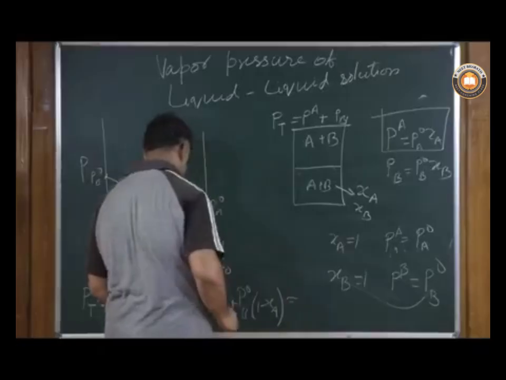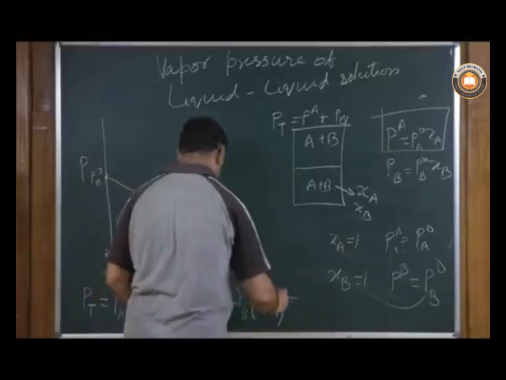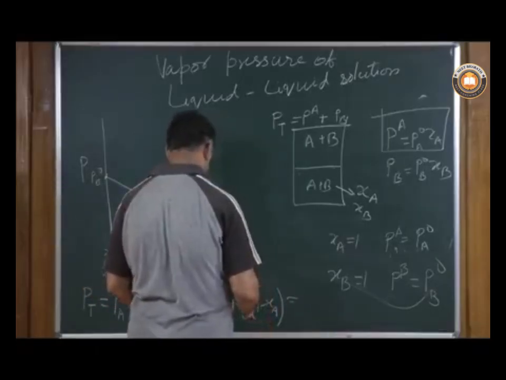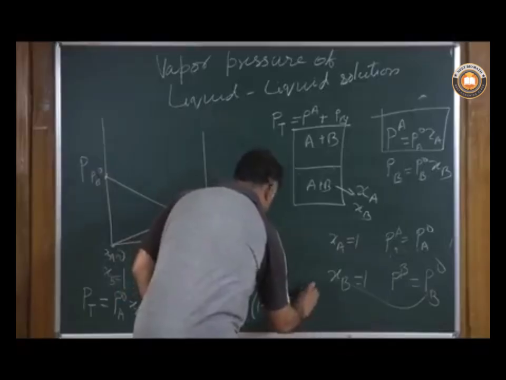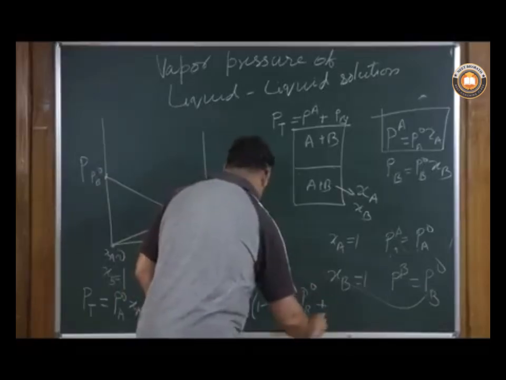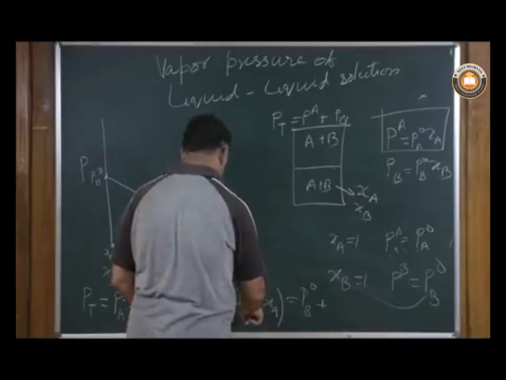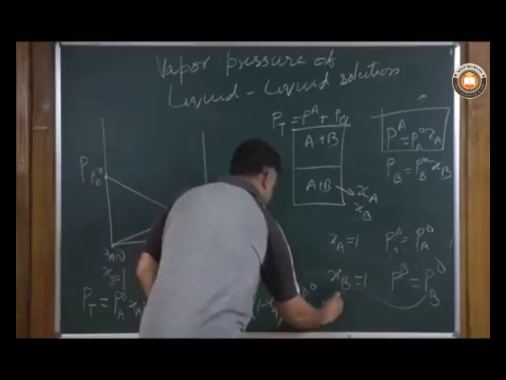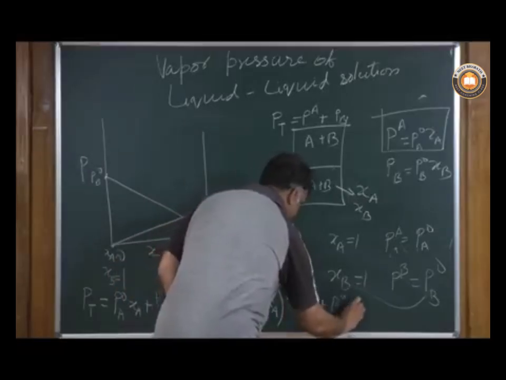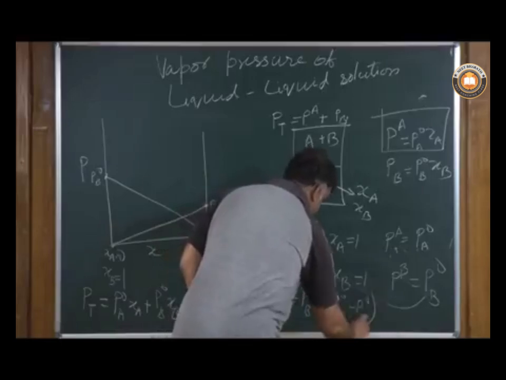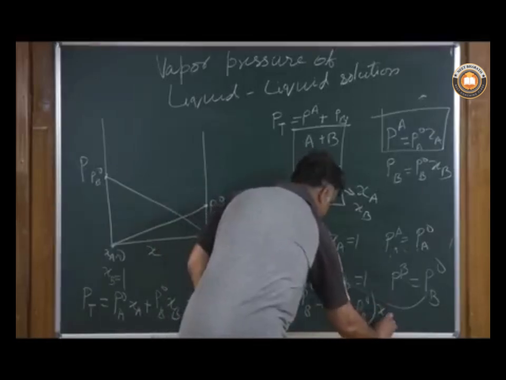So, I get P b 0 plus (P A 0 minus P b 0) x A.